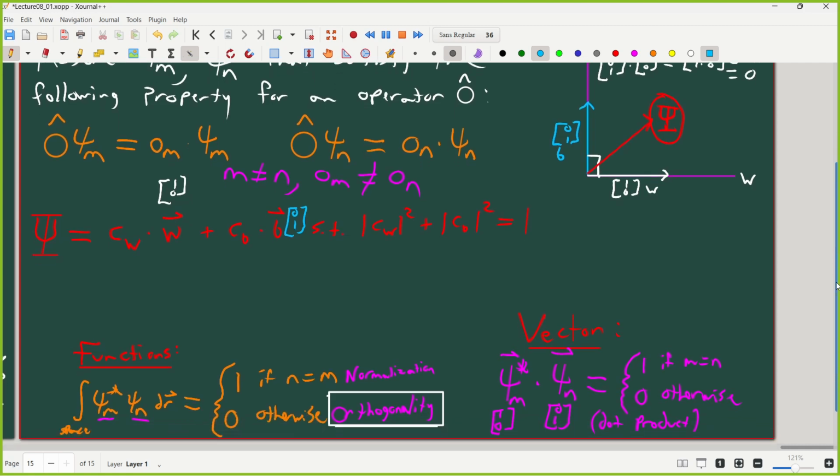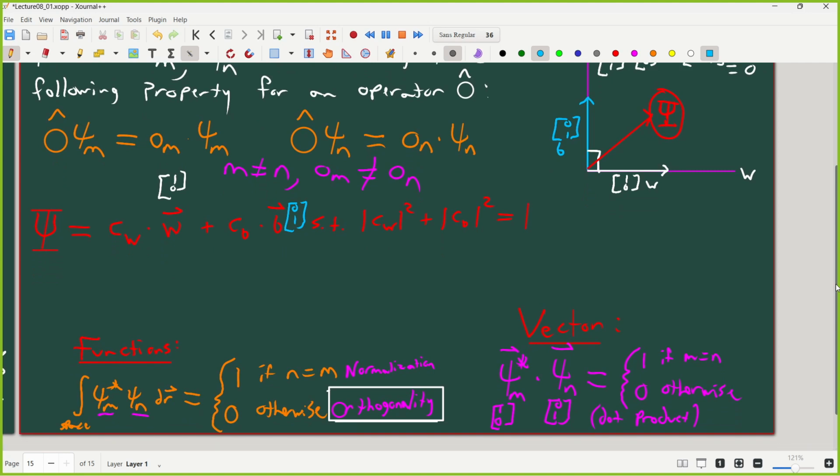So the question is, what's its whiteness? What's the whiteness of psi? How white is it? Well, all we have to do is take the dot product of it with respect to white. We take the wave function, and we have to take the complex conjugate of it, but it's real, so it doesn't really matter, but I'll write it just to be safe. We're going to dot it with our white vector.